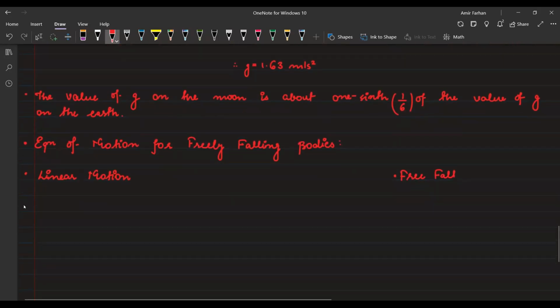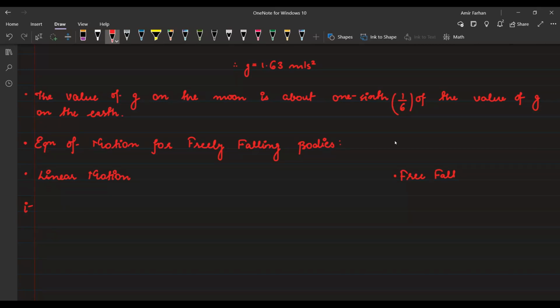Now, one by one, please let me know the equations of motion that we studied in the chapter on motion. Rayhan was saying something. Then Arhan, you can speak. V is equal to u plus at. Okay, first equation. Second, Arhan. S equals ut plus half at square. Okay, that's great. And the third equation?